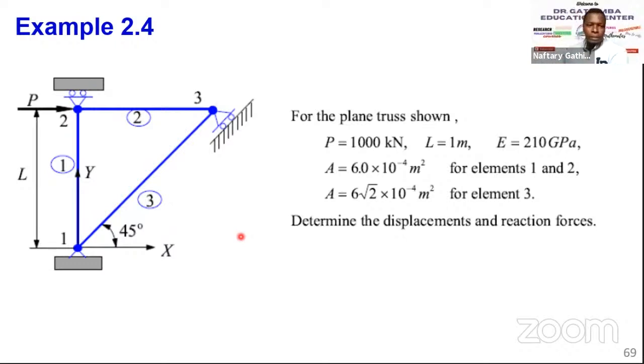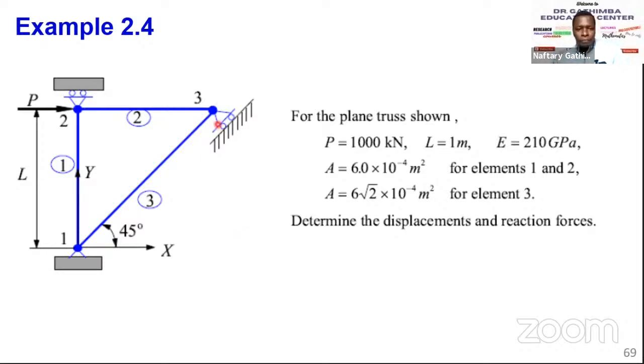What you want to demonstrate in this case is the issue of, we said the good thing about the finite element method is that it can handle complicated geometry, complicated boundary condition and loading condition.